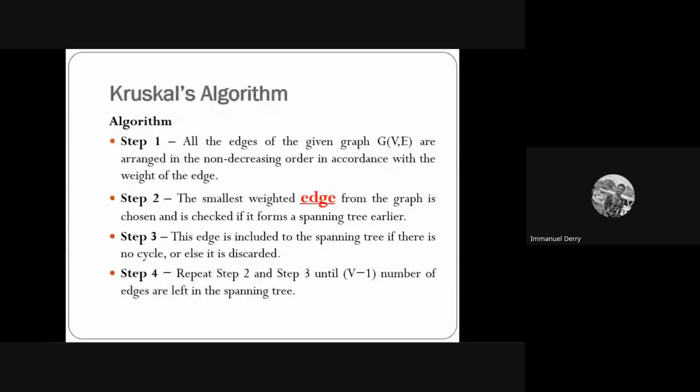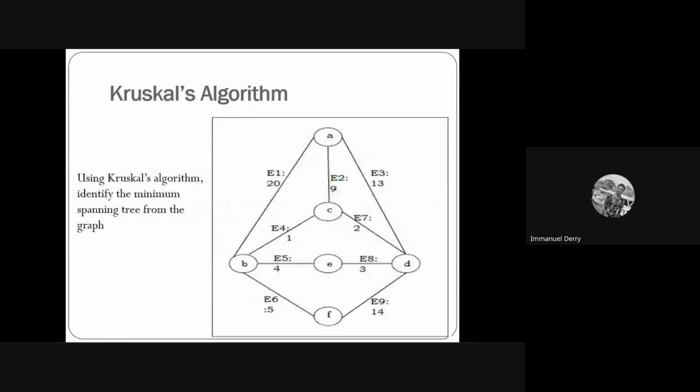And then you are good to go. So these are the steps the Kruskal algorithm follows to give out the minimum spanning tree. And mind you, the minimum spanning tree should have edges, and the edges should have weights attached to them. So this is how the Kruskal algorithm basically works.